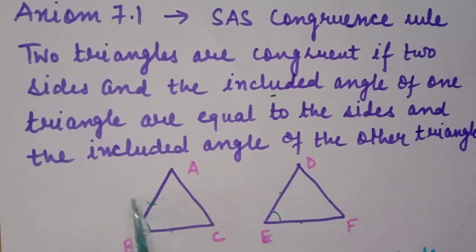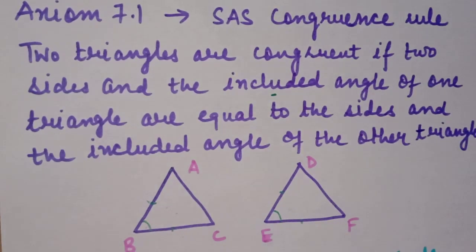So two triangles are congruent if two sides of one triangle with the included angle are equal to the corresponding two sides and the included angle of the other triangle. So we call it SAS congruence rule.